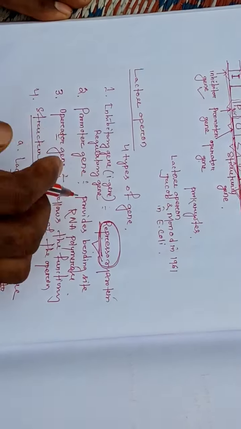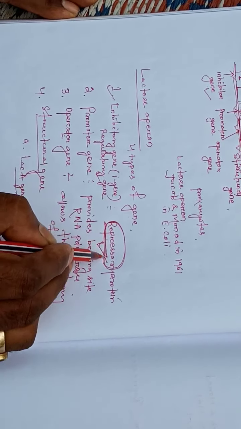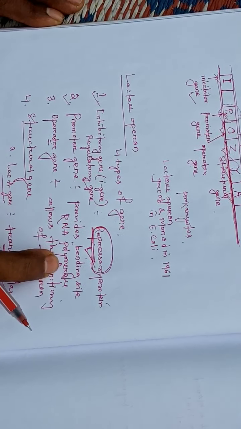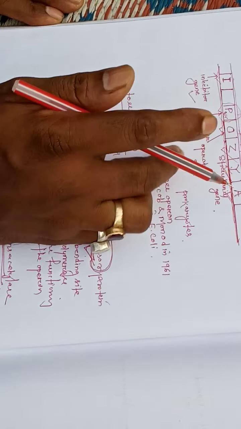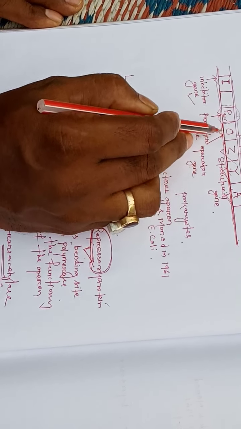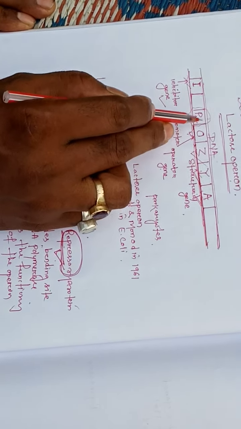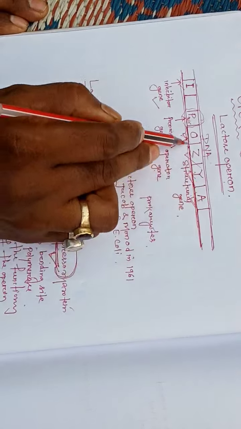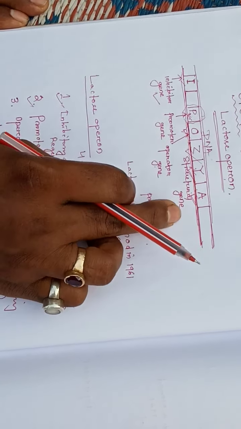So in the lactose operon, there are four types of genes: the inhibitory or regulatory gene, whose product is the repressor protein; the promoter gene, which provides the binding site to RNA polymerase; and the operator gene, which allows the functioning of the operon when it is not covered by the repressor protein. When it is free, it allows the RNA polymerase access over the structural genes, so the operon is turned on or switched on.